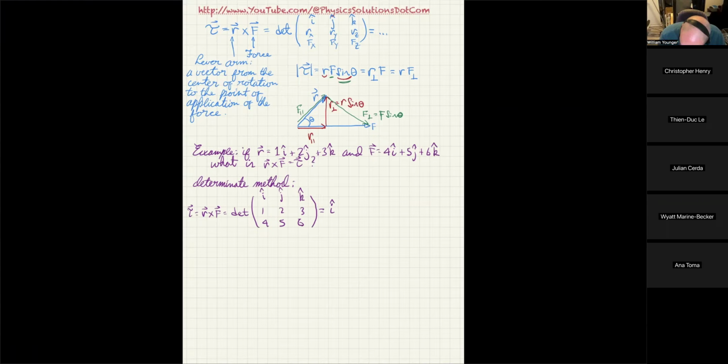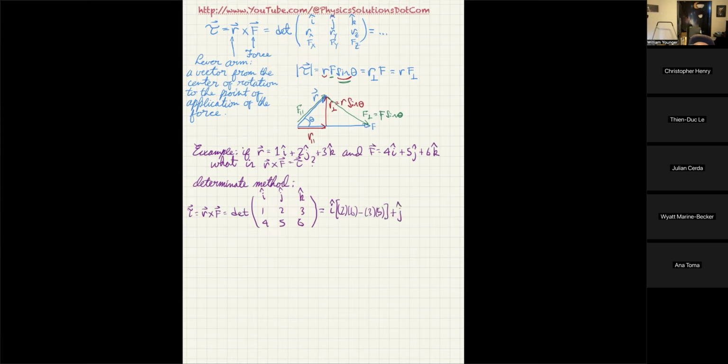So when I expand upon i hat, we ignore that column and that row, so all I have left is this, and the determinant is top left times bottom right minus top right times bottom left. So I'm going to say 2 times 6 minus 3 times 5, like that.